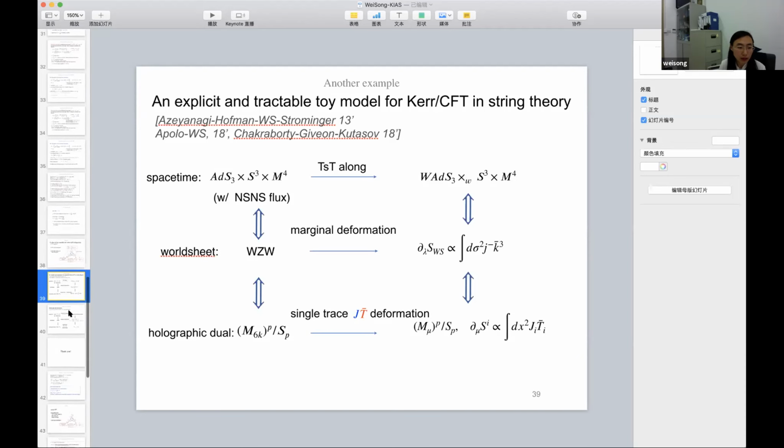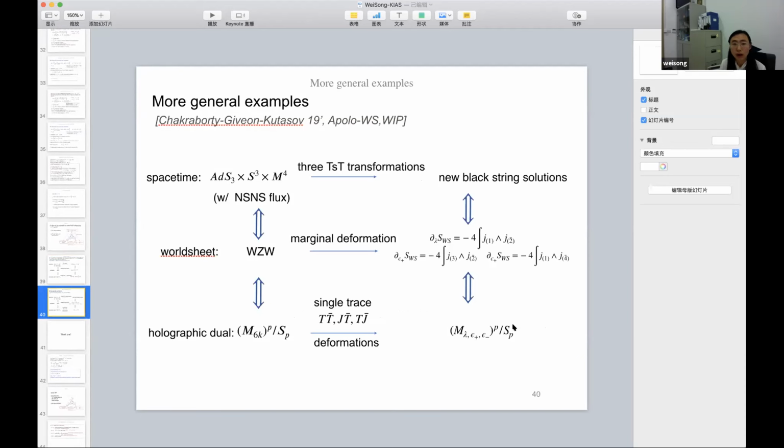More generally, one can do this combined TTbar, JTbar, and TJbar deformation. In this combined case you have 3 parameters, and this can be realized by 3 TsT transformations using different circles.